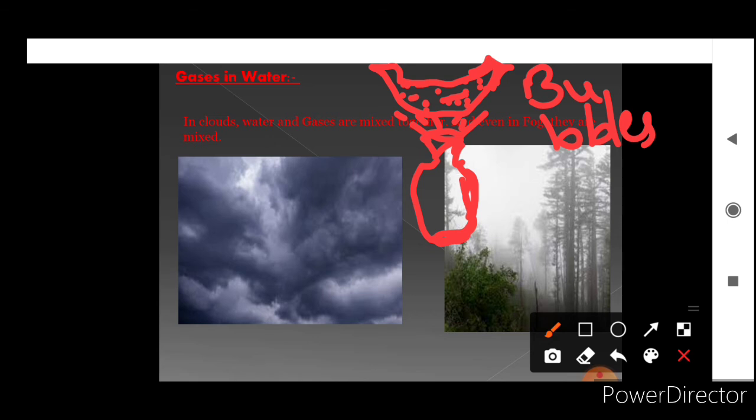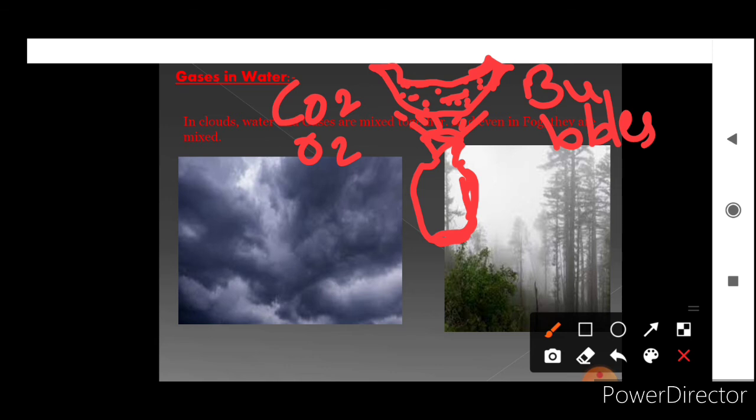Yes, observe this practically. Gases like carbon dioxide and oxygen, CO2 and O2, are already dissolved in this water. They are coming out in the form of bubbles when you are supplying the heat energy.